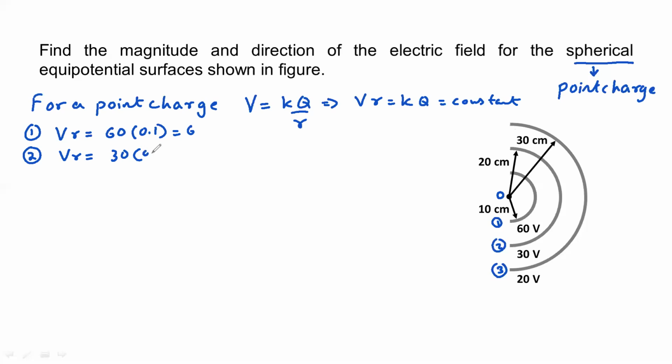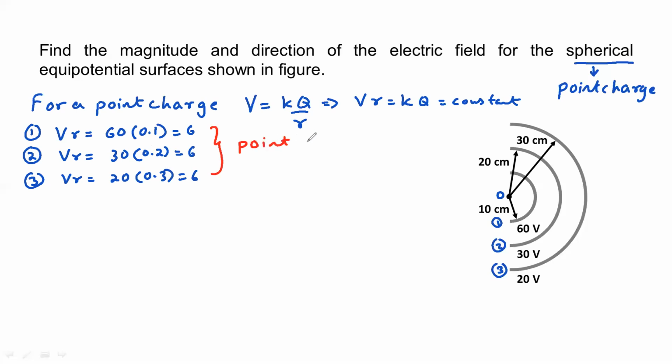So you could write it as 0.2, and this again is 6. The third is VR, the potential is 20 and the distance from the center is 0.3. Again you get 6. So from this you can be sure that this is a point charge.